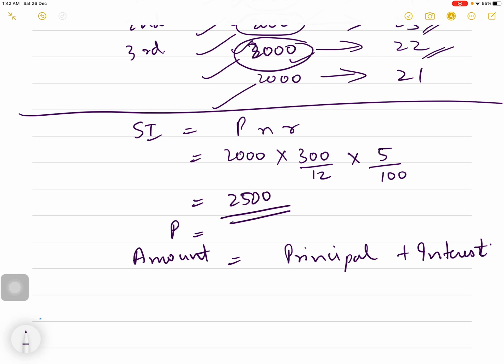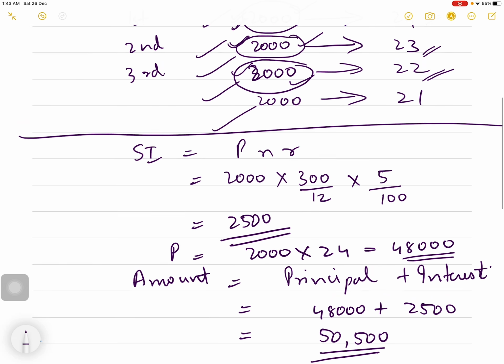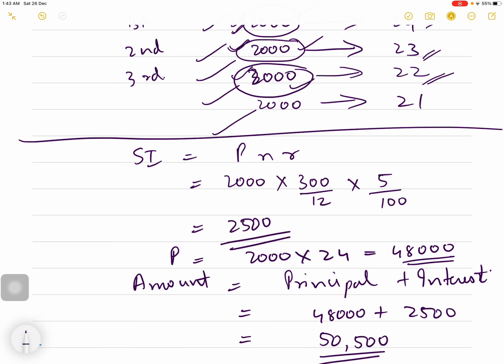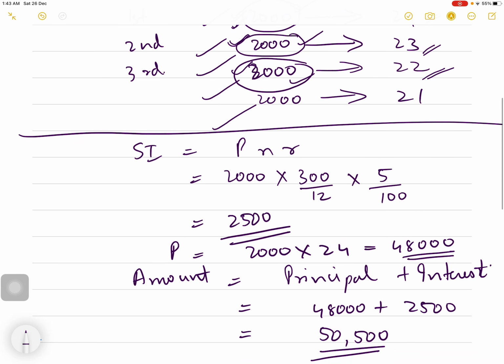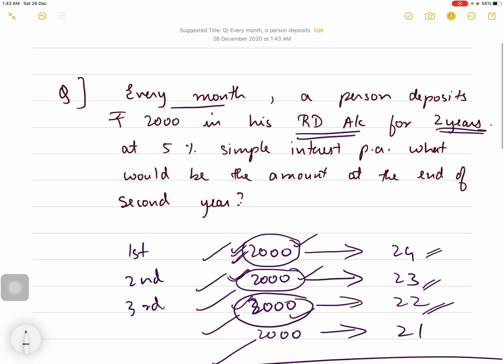So principal is equal to 2000 into 24 months, which comes to 48,000. So in total you have deposited 48,000. Interest you have earned is 2,500. So the amount will be 48,000 plus 2,500, which comes to 50,500. So the amount is 50,500. So this is the way you will solve it if a question is asked for an RD account.